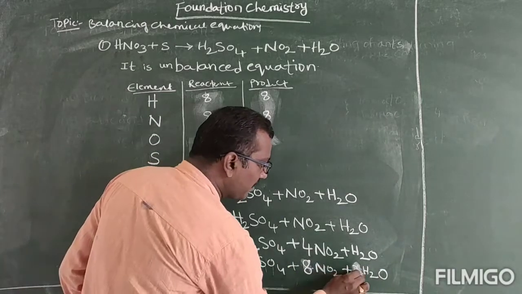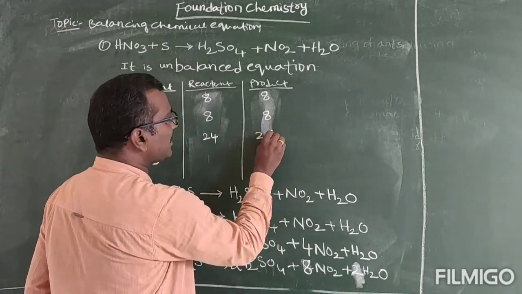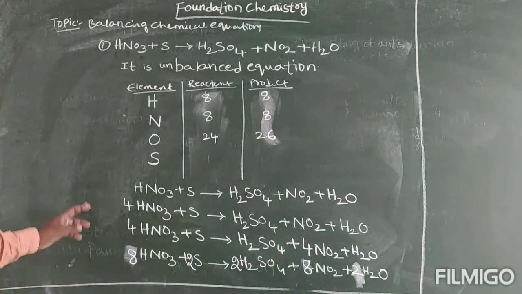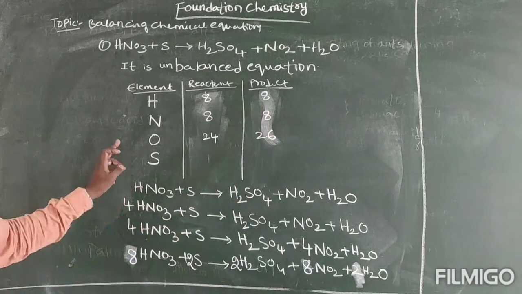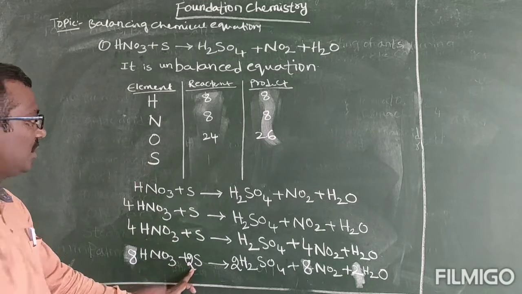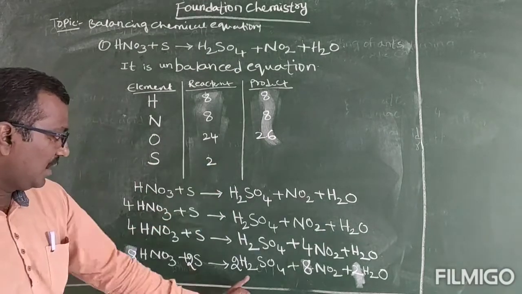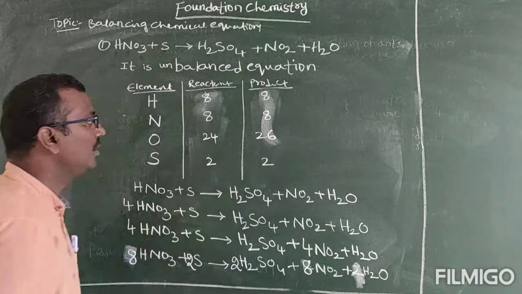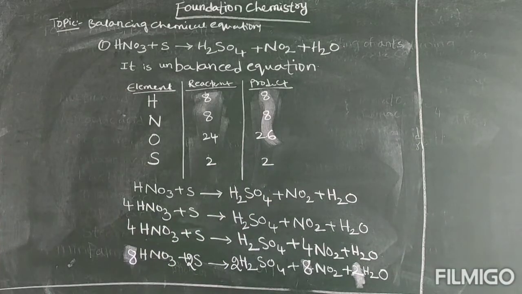So I have to keep it at any cost. 26 I have got. Next what is left? You see here sulfurs: 2 sulfur and here also 2. Now what I can do? That is important. In what way we can reduce?